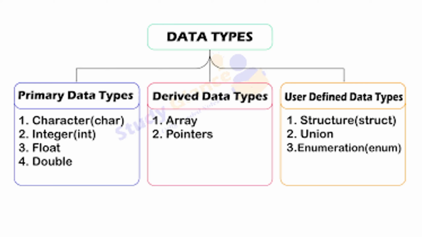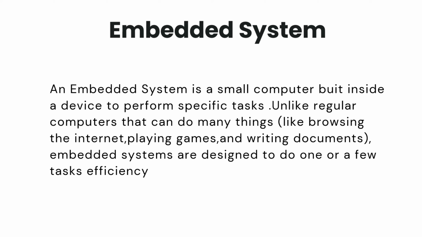Now, this is all about C. Now let us understand the embedded system in detail. An embedded system is a combination of hardware and software designed to perform a specific task. It works within real-time constraints and is optimized for performance, power, and cost. The characteristics of embedded systems are: it is dedicated to a function, it provides real-time operation, it uses low power, is small in size, and has high reliability, which makes it advantageous.